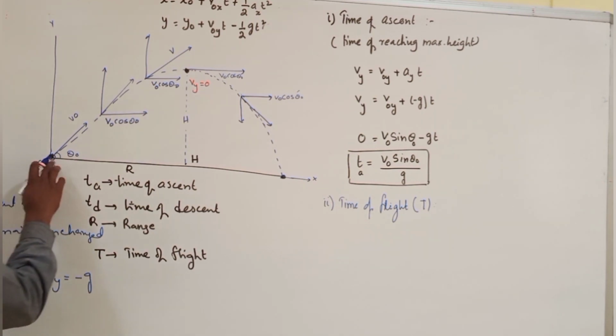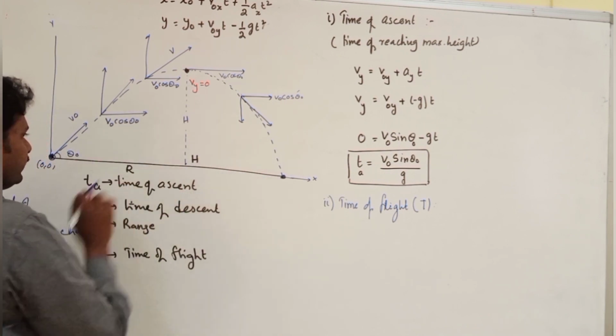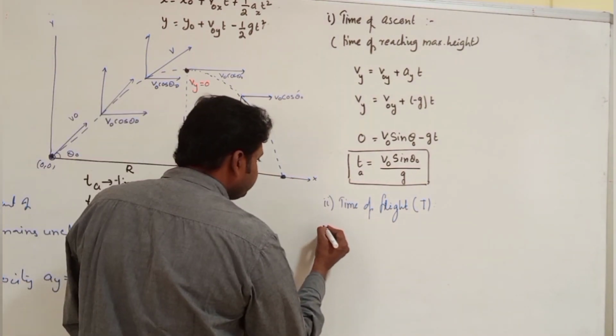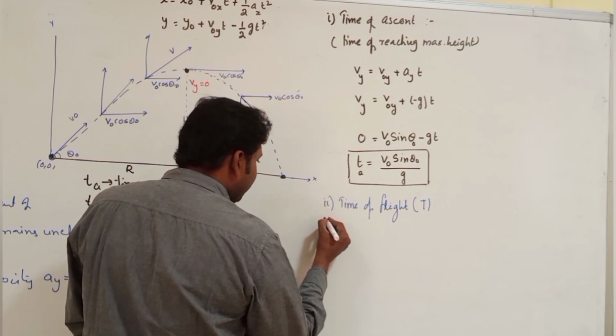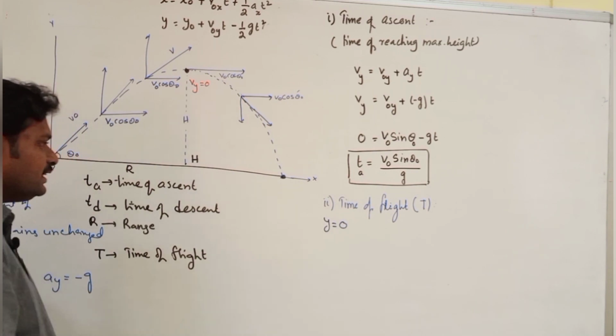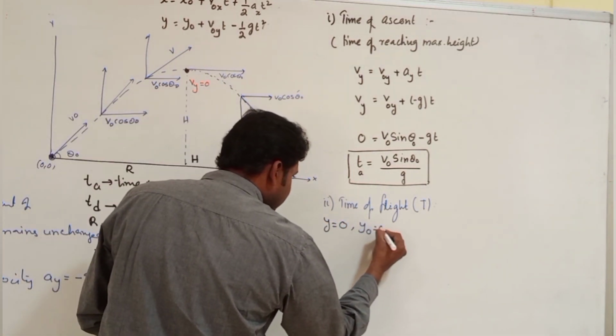Let's see, from here to here the total distance is R. Then how to write this? y is equal to y naught plus v naught y t minus half g t square. See, here I am substituting y is equal to 0, the vertical component of distance is 0, and the initial component y naught is also 0.